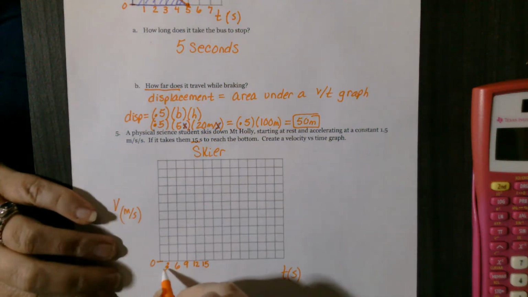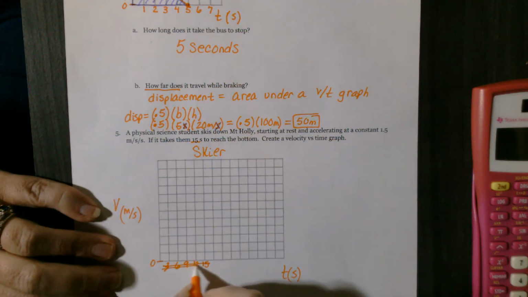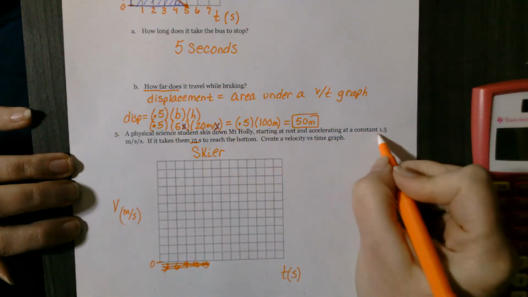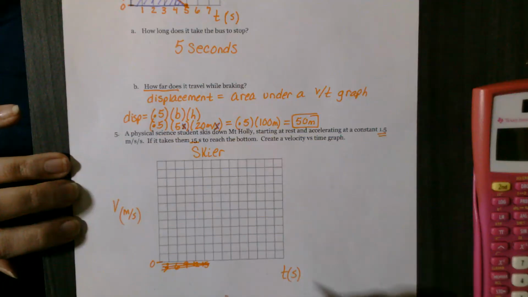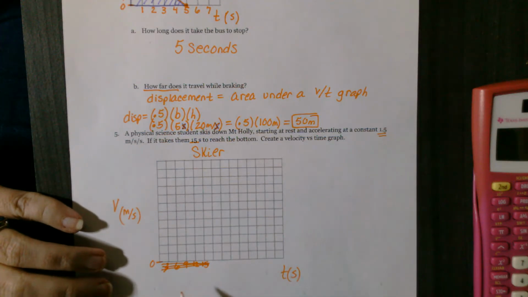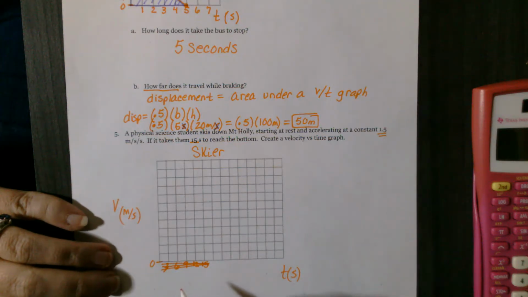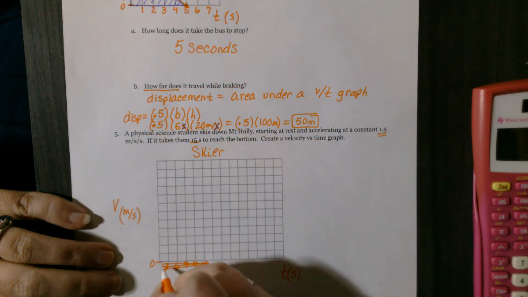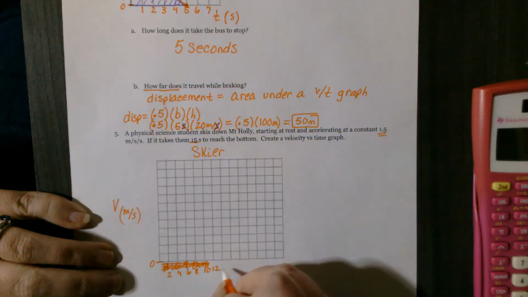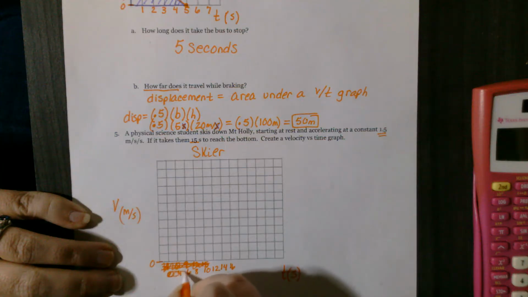Actually, scratch that. We're thinking about this a little too hard. So our time needs to go to 15. So let's go 2, 4, 6, 8, 10, 12, 14, 16. I don't even like that one.